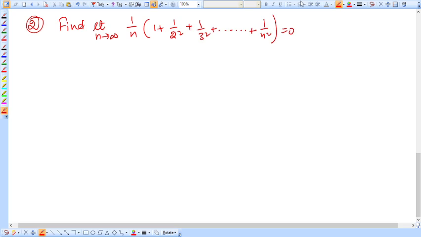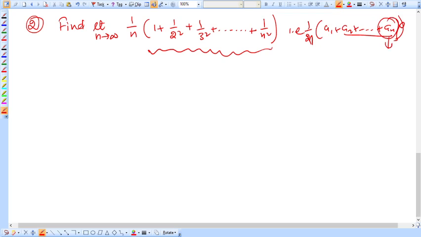The form is pretty similar to the case we discussed earlier, that is 1 by n times (a1 plus a2 up to so on an). If we know the limit of this term, then the limit of the whole would be equal to the limit of the same term.